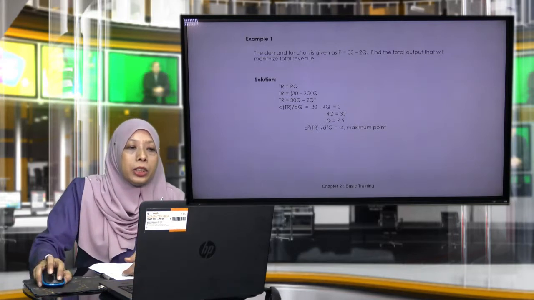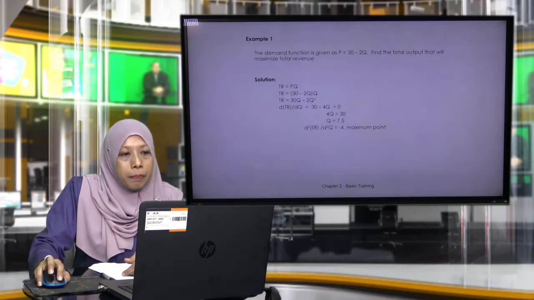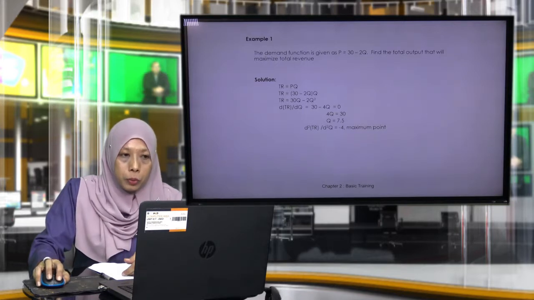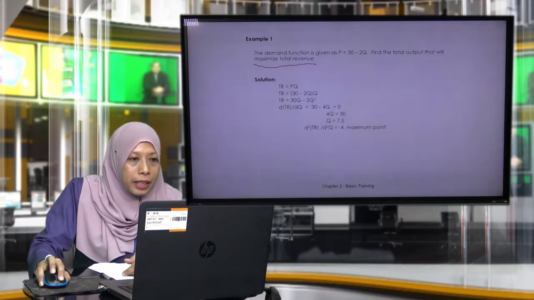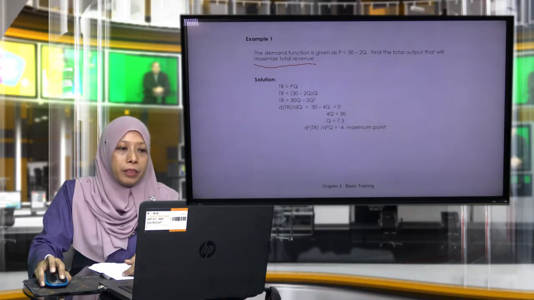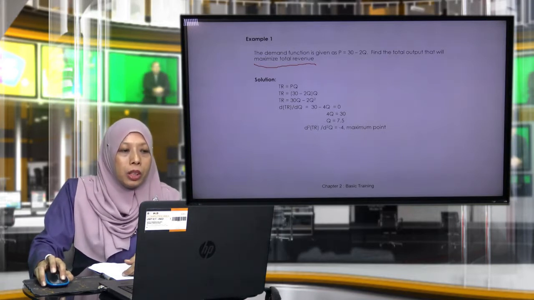So now you are given P equals 30 minus 2Q. But remember, your main aim is to maximize total revenue here. So what do you need to do?